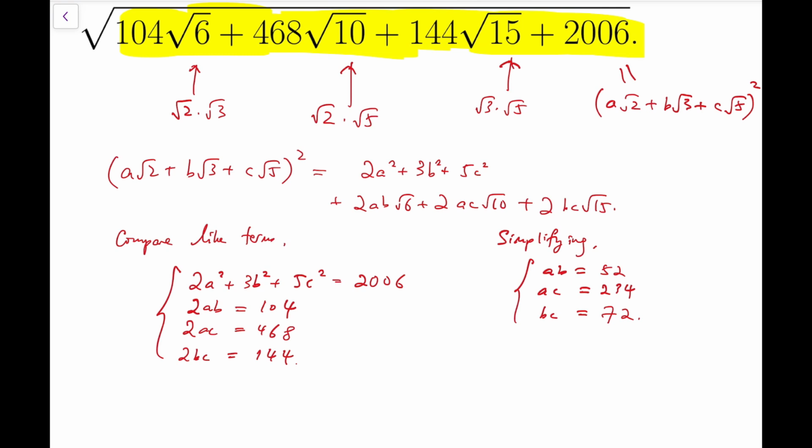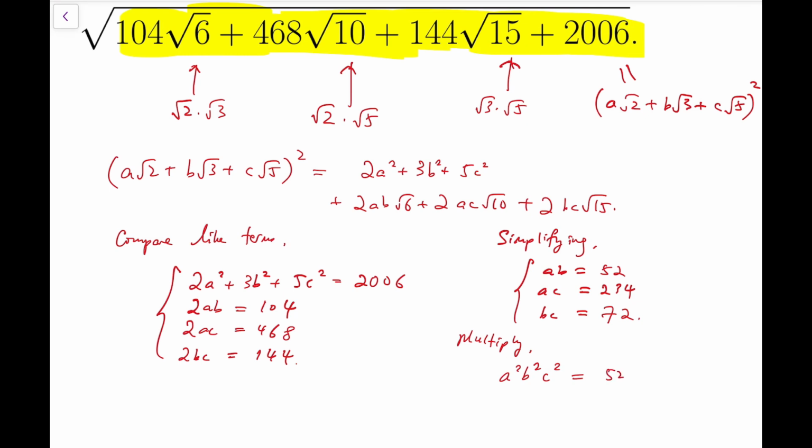Now this system is actually solvable because I can multiply all three equations. I will get a squared, b squared, c squared. The terms are spread evenly among a, b, c.